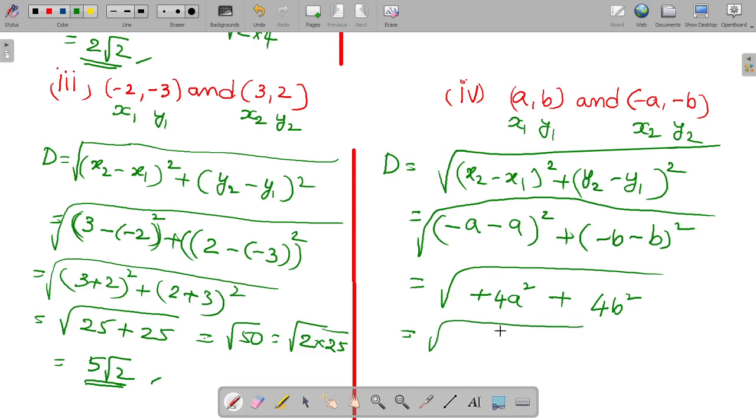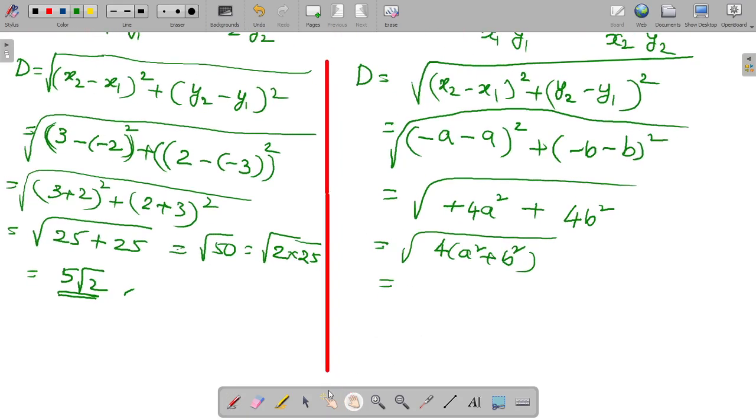So square root of 4 into a square plus b square. The final step: square root of 4 is 2, so 2 into root of a square plus b square.